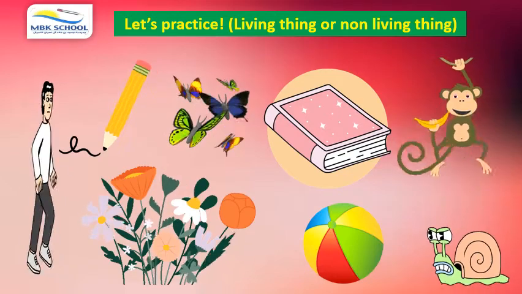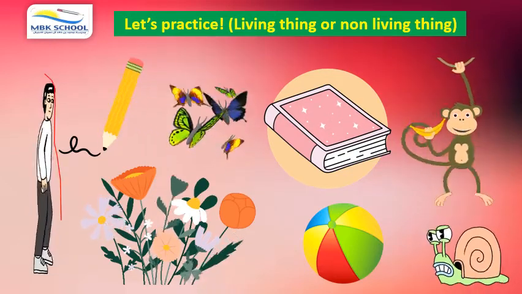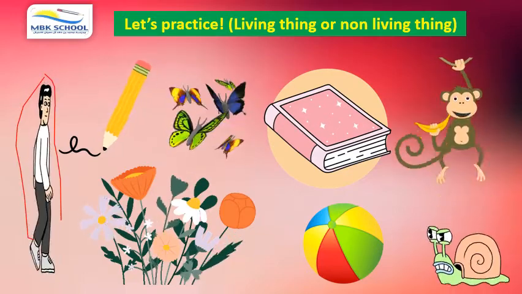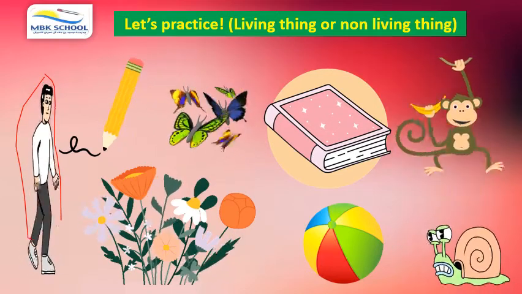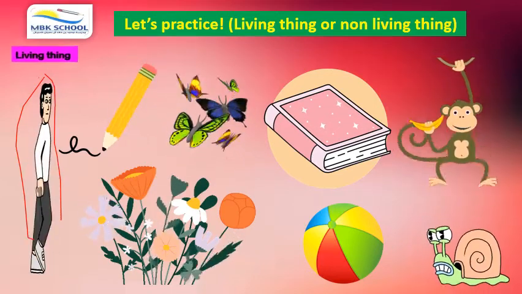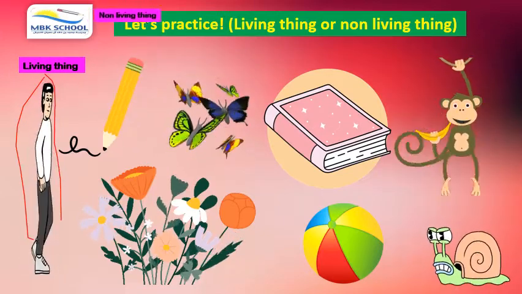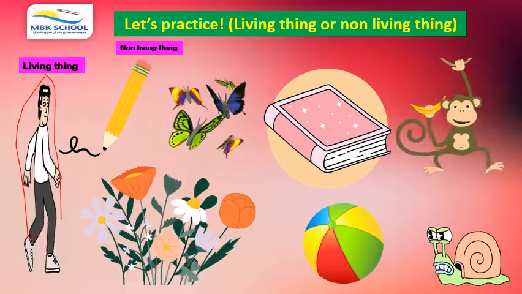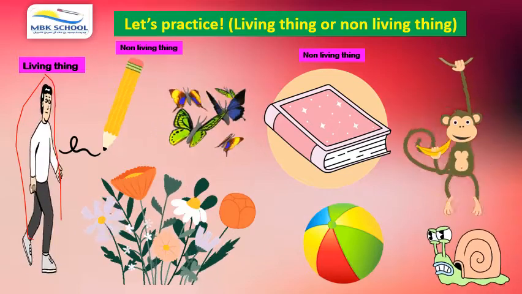Okay, for example, a man. Is this man a living thing or a non-living thing? A living thing. Next, a pencil is a non-living thing. A book is a non-living thing.